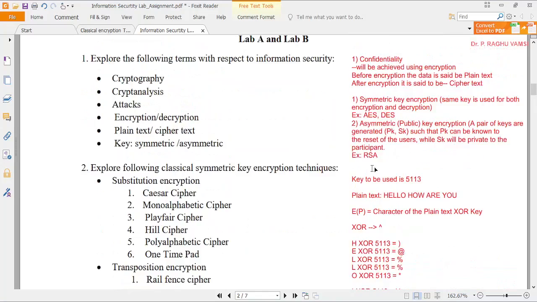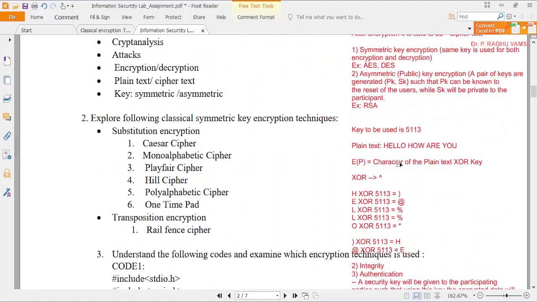So these are the concepts of confidentiality where encryption comes into the picture, where plain text is converted into ciphertext. Whenever you use keys, this is the way of doing it, and whenever you use conventional or legacy encryption standards like substitution and transposition ciphers, we have seen one example of the Caesar cipher.